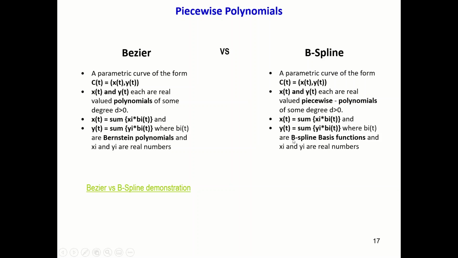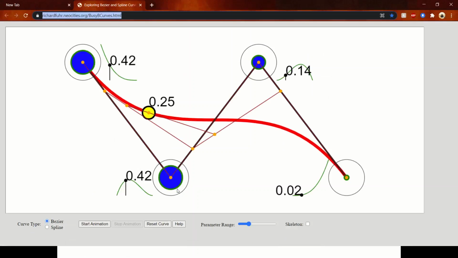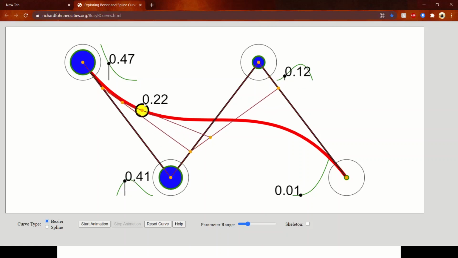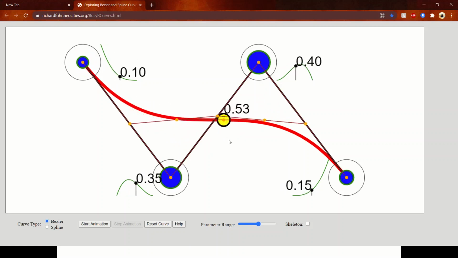Let us look at a quick demonstration of the difference between a Bezier curve and a B-spline curve. This is an example of a cubic Bezier curve, and here we have the following control points, and the shape of the curve is controlled by the control points.